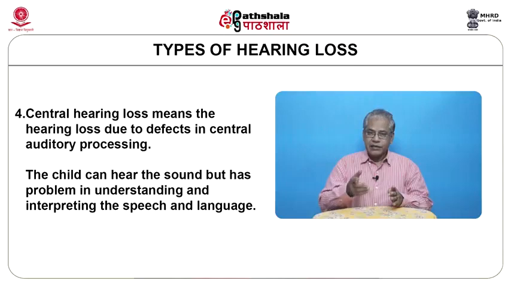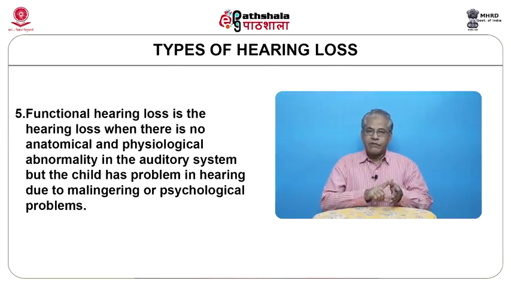The child can hear the sound but has problem in understanding and interpreting the speech and language. 5. Functional hearing loss is a hearing loss when there is no anatomical and physiological abnormality in the auditory system, but the child has problem in hearing due to malingering or psychological problems.